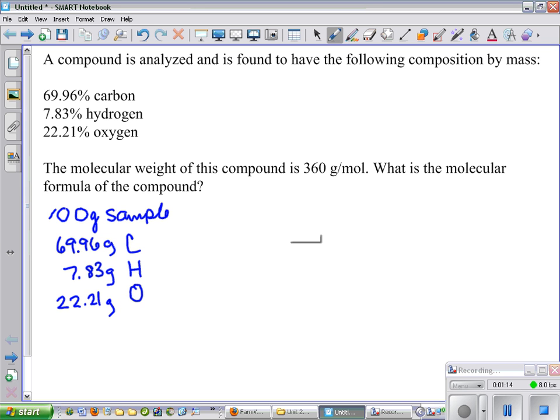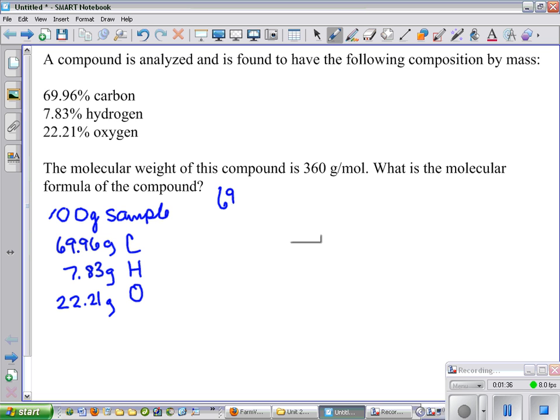We're merely using 100 because it's a very convenient number, and we don't have to do any math to find out grams. Now, in order to figure out the ratio that you have in the coefficients in the equation, we're going to have to convert the grams to moles for each of these compounds.